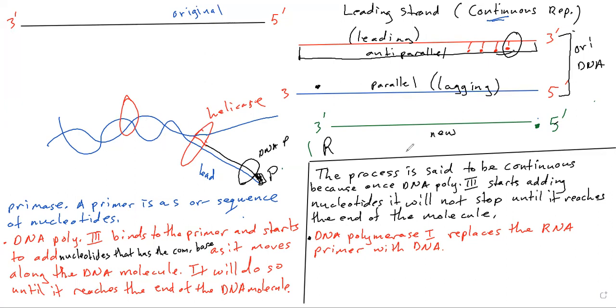Now, forget about that strand. Remember we said that the new strand has to turn around. What that means is you cannot have a primer here. So we are looking at the lagging strand now.